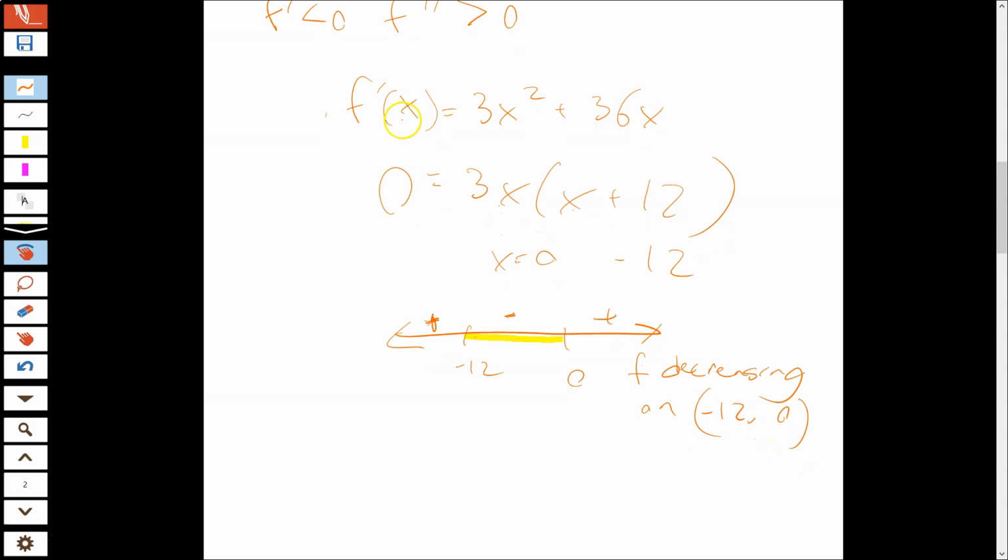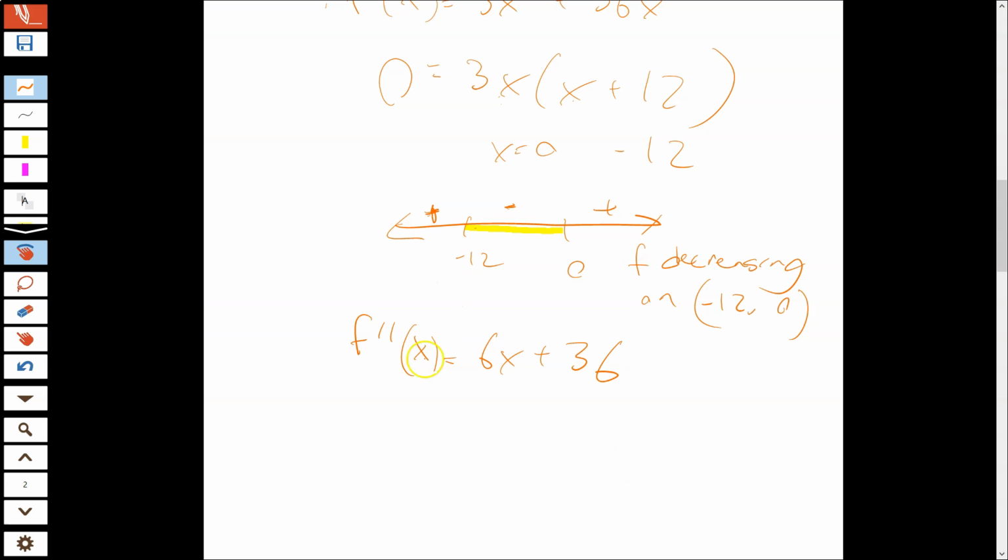Okay. Now it's time to examine our second derivative. Again, this is a nice quick derivative, so I get 6x plus 36. And you could factor that, or I could just set it equal to 0.